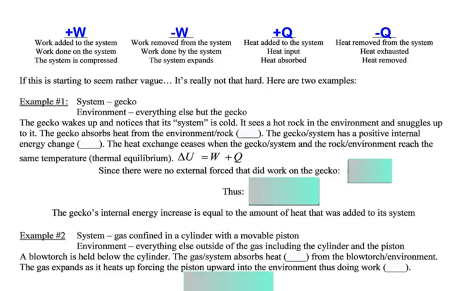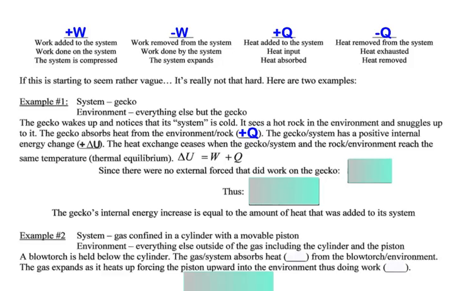So looking through here, right, our example one, our system is a gecko. Environment, everything else. The gecko wakes up and notices that its system is cold. It sees a hot rock in the environment and snuggles up to it. The gecko absorbs heat from the environment or rock, so it is a positive Q, right? The system is gaining energy. The gecko system has positive internal energy change.